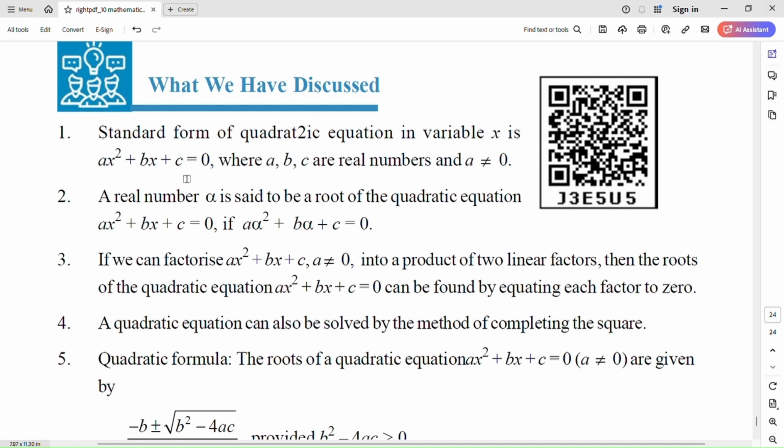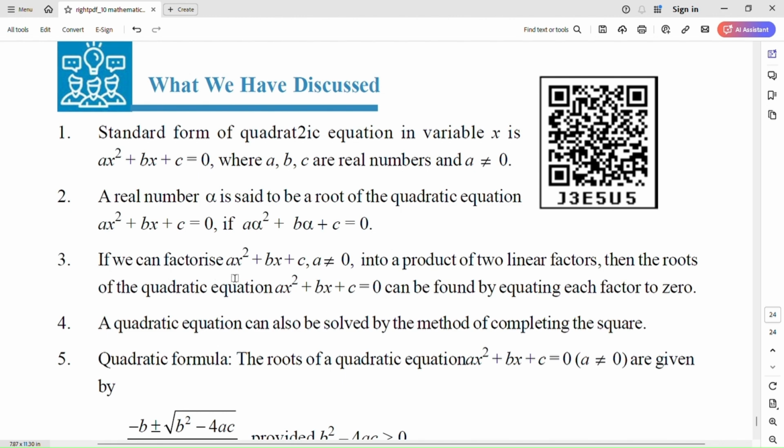What we have discussed in this chapter is, one, the standard form of a quadratic equation in variable x is ax square plus bx plus c equal to 0, where a, b, c are real numbers and a is not equal to 0. This is the definition of a quadratic equation. A real number alpha is said to be a root of the quadratic equation if it satisfies a alpha square plus b alpha plus c equal to 0.